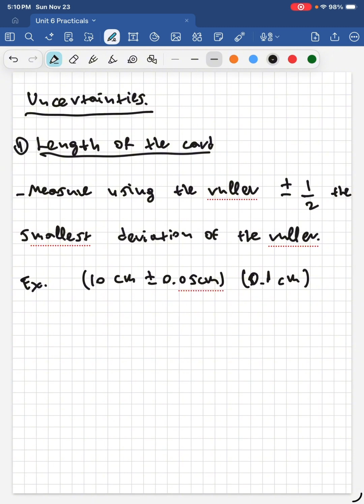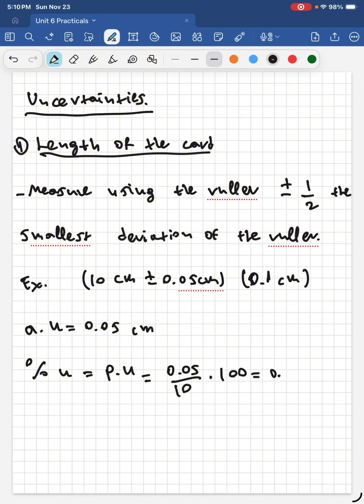So the absolute uncertainty is 0.05 centimeters. Now the percentage uncertainty is going to be, in this case, 0.05 over 10 times 100, so that's 0.5%.